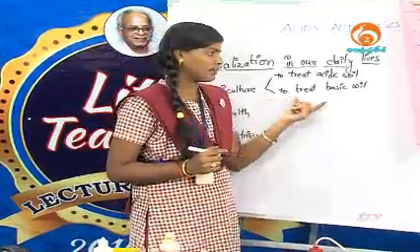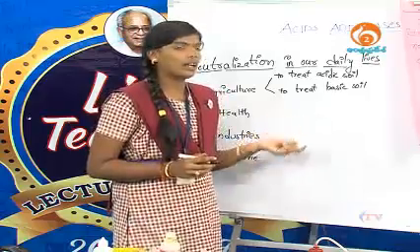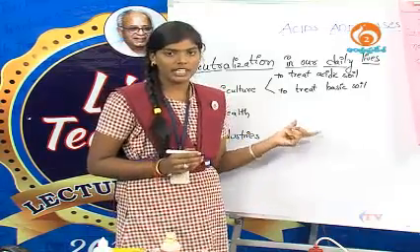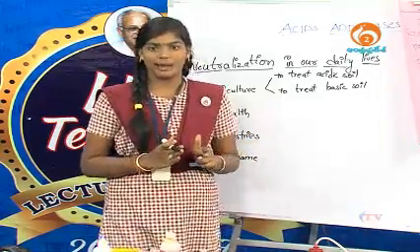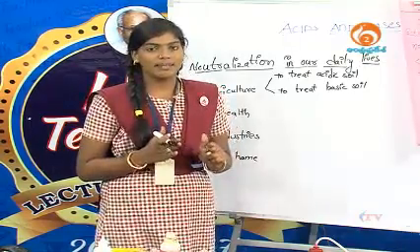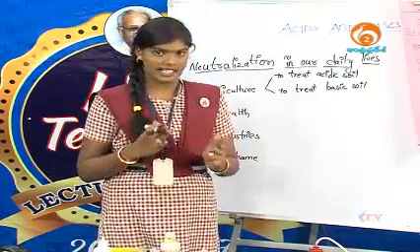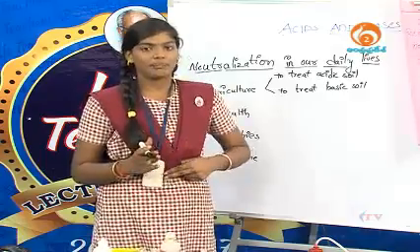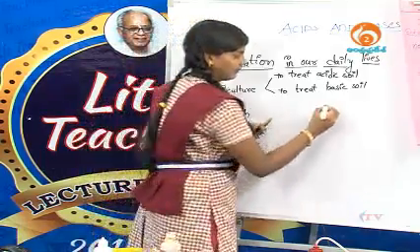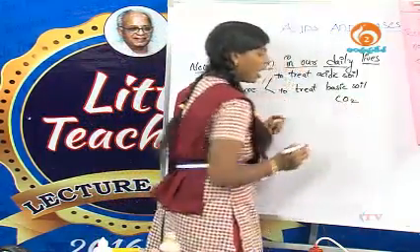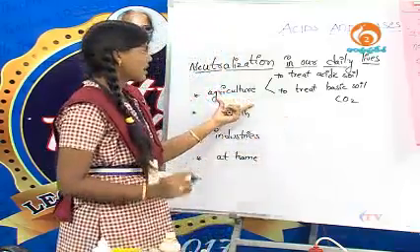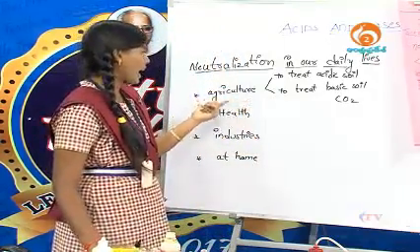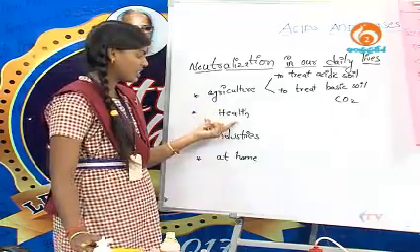Next one, to treat basic soil. Basic soil can be treated by using decomposition of rotting vegetables and leaves. This is because rotting vegetables and leaves liberate carbon dioxide. Which gas? Carbon dioxide. This is the neutralization in agriculture.